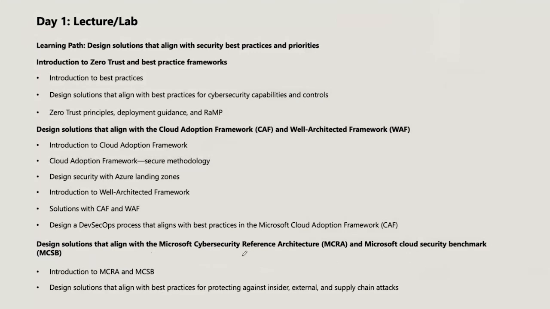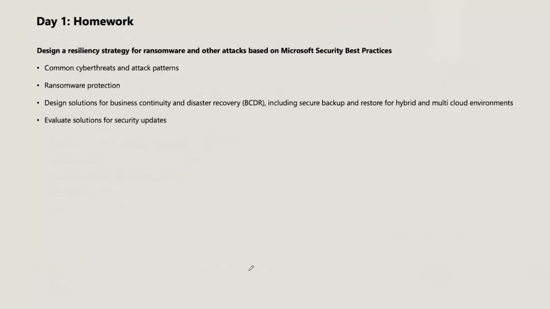So these different topics we covered on day 1. And here we saw that we have some homework activity related to designing a resilience strategy for ransomware and other attacks based on Microsoft security best practices.